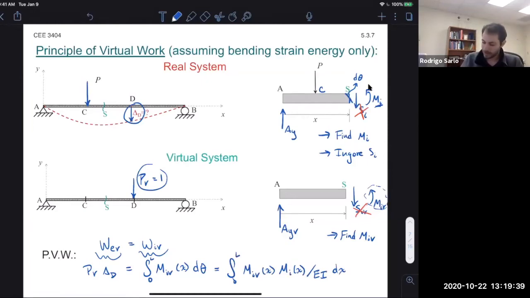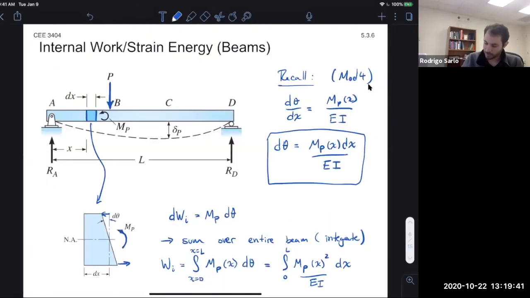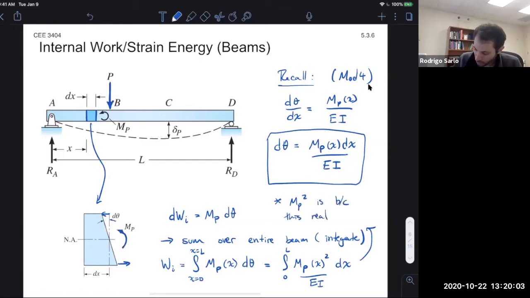Okay, so notice that before here, I'll put a little note here, okay? Notice that the MP was squared because, well, let me write at the bottom here. I'll make a note here, okay? MP squared is because this is real work, okay?